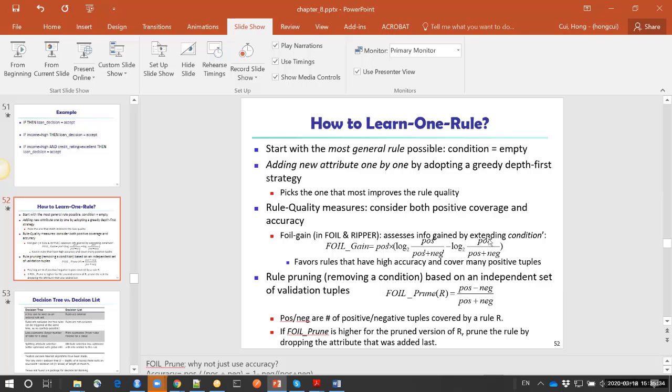I think this accuracy is actually precision. So everything that's covered, and how many of those are positive. This is precision. This is not precision.